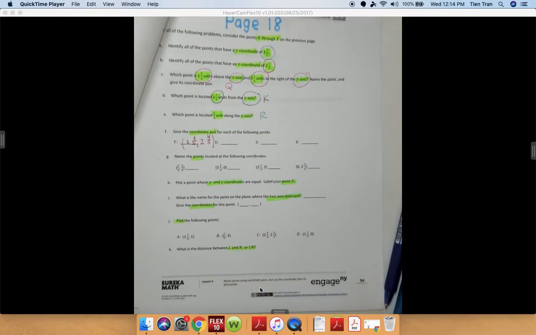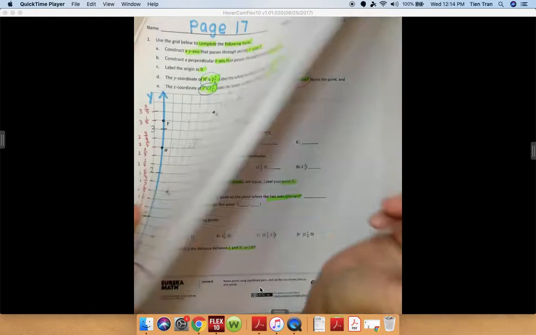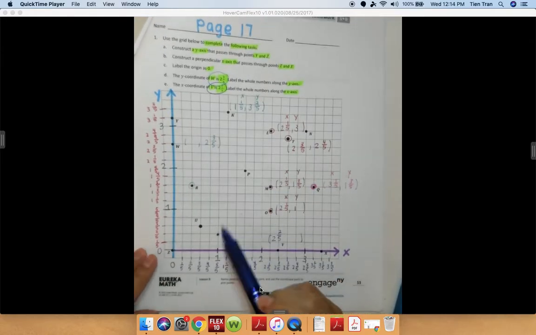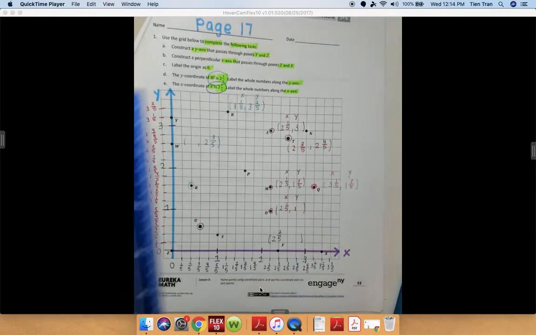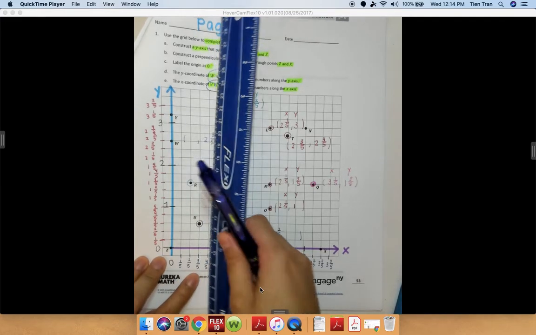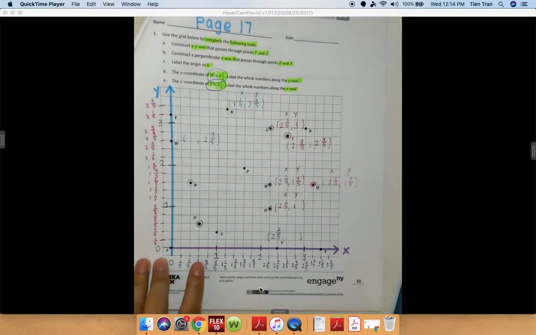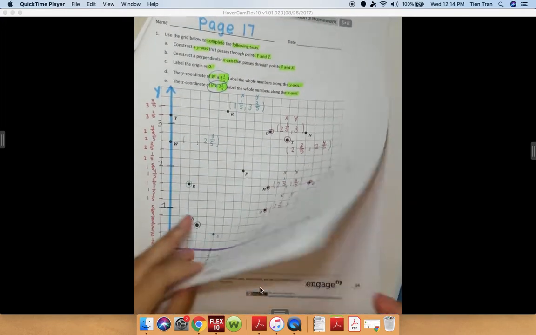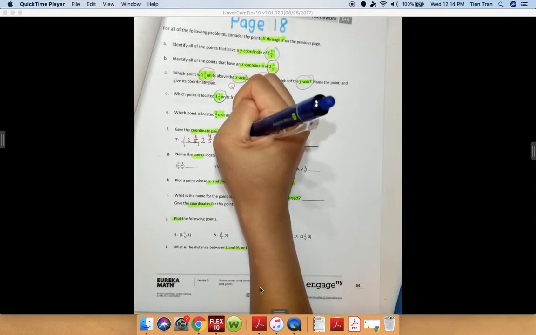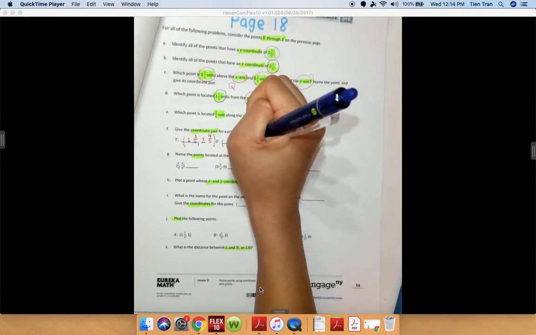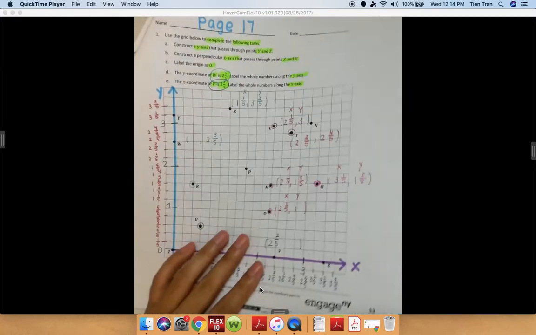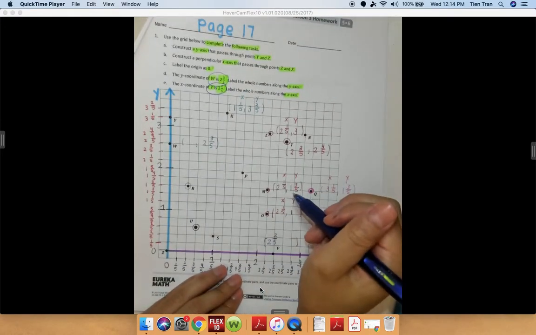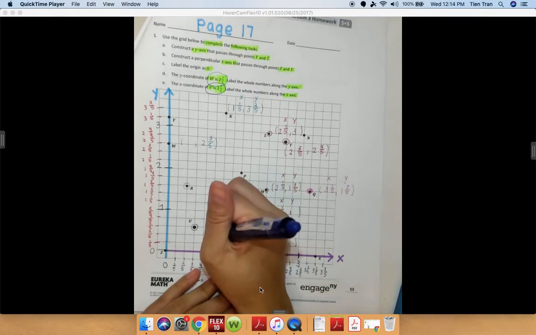Okay. Now I'm going to look for U. So where is U? U is right here. And I notice it stops at 3/5 and 3/5. So it's both 3/5 and 3/5. So I'm going to write that down. 3/5, 3/5. Okay, now I'm looking for S. S is right here.